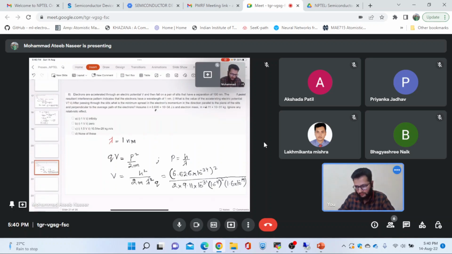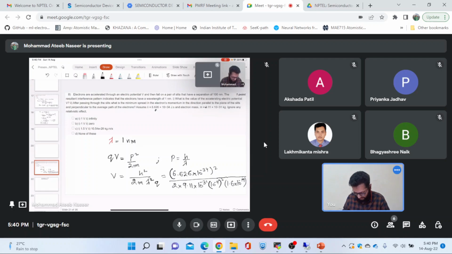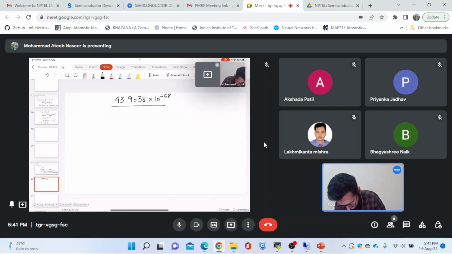It will simply be equal to 6.626 squared, which is 43.9038 into 10 raised power minus 68, divided by 2 into 9.11 into 1.6, which is 29.152 into 10 raised power minus 68.